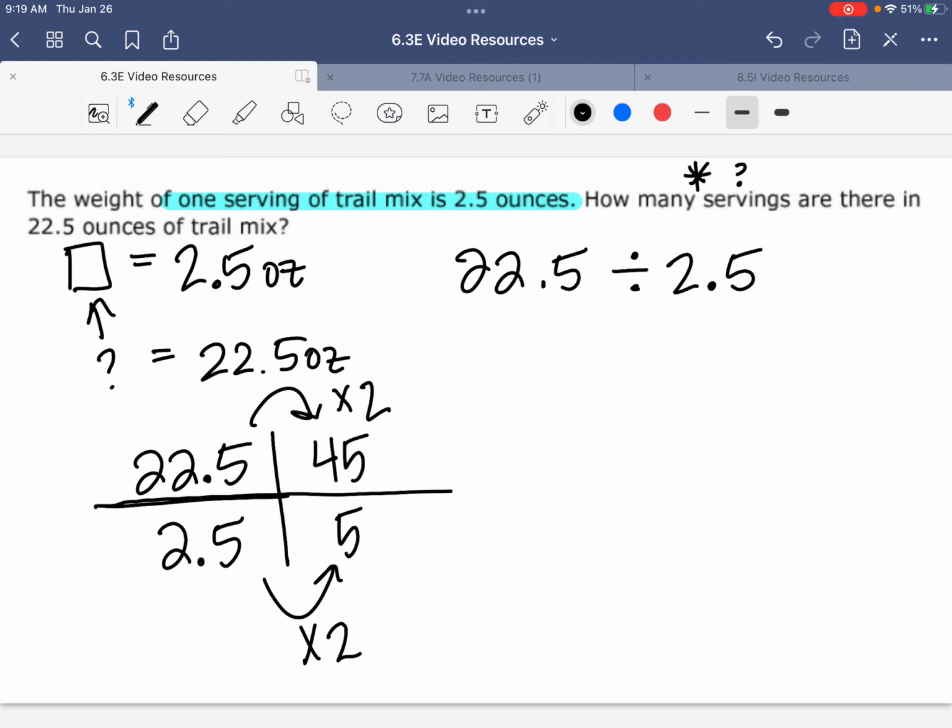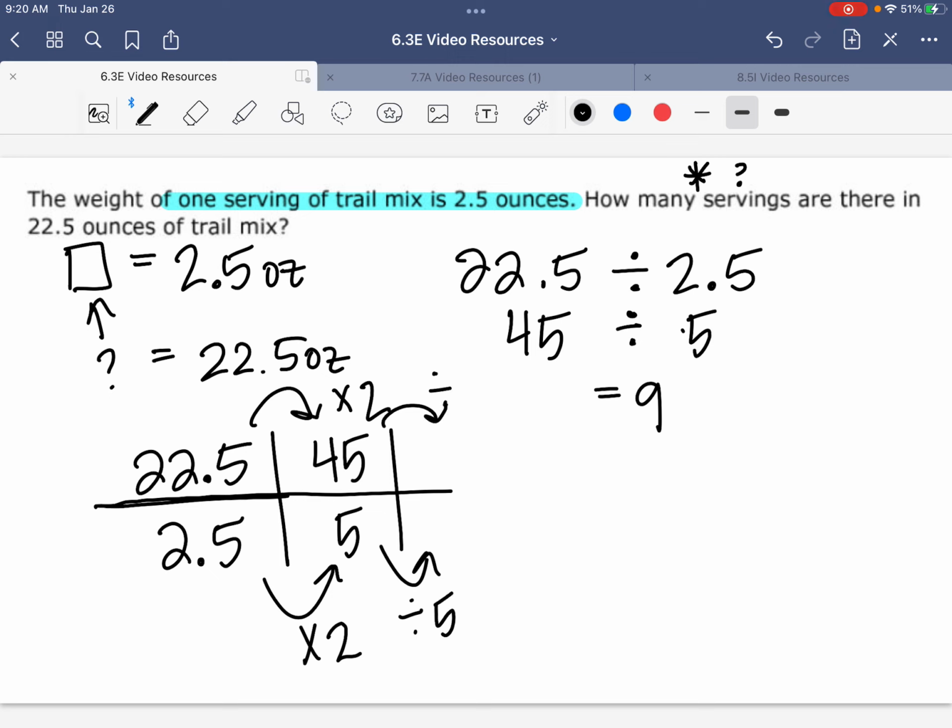So now I have 45 divided by 5, and I know 45 divided by 5 is just 9. So if I scale back down, that gives me 9 in one group. So 22 5/10 ounces are 9 servings.